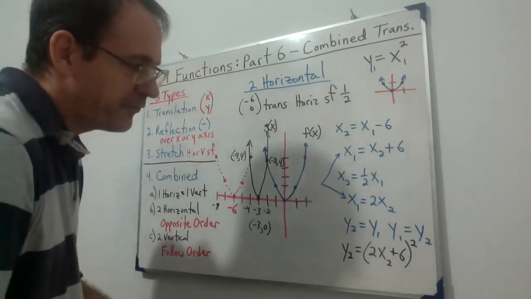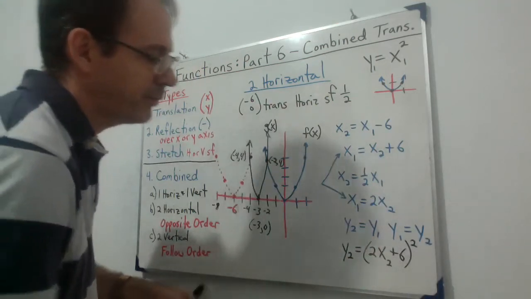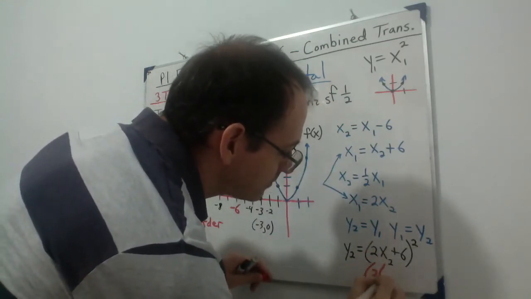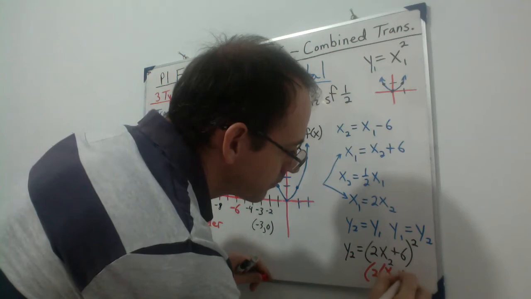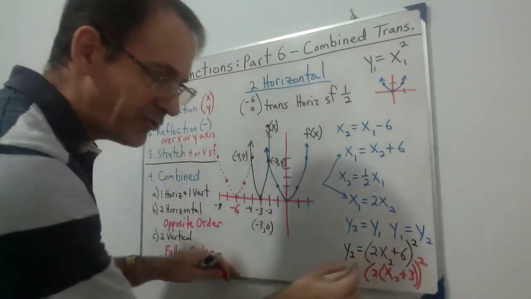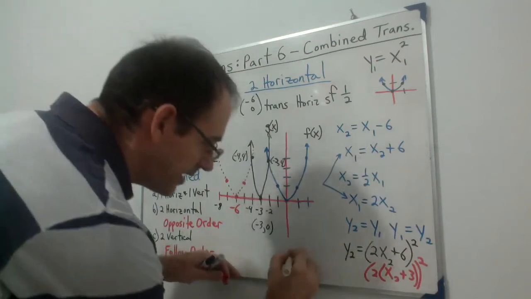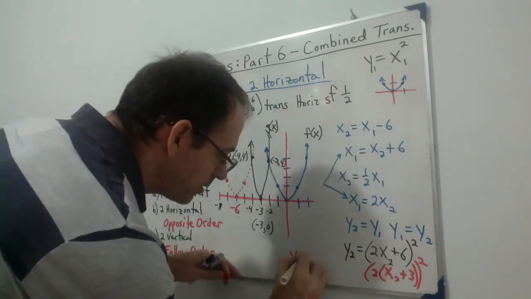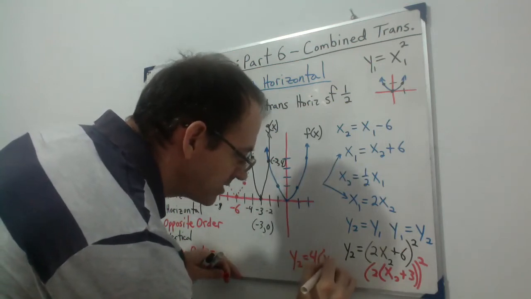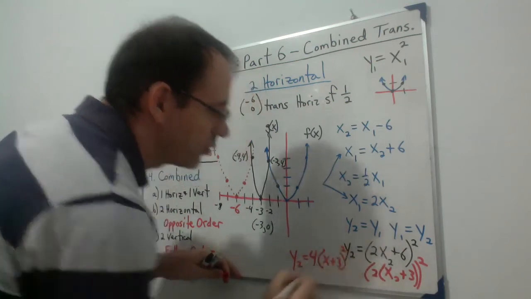What if we factor this? If we factor this, we can take a 2 out. And then that 2 distributes. So if that 2 distributes, we could call this 2 squared, which is 4, times (x plus 3) squared.